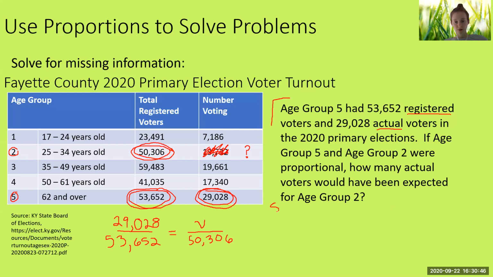So to solve this proportion, first thing we're going to do is cross multiply. That's what we did in the last problem when we were just checking that it was a proportion. Same thing here, we're going to cross multiply.